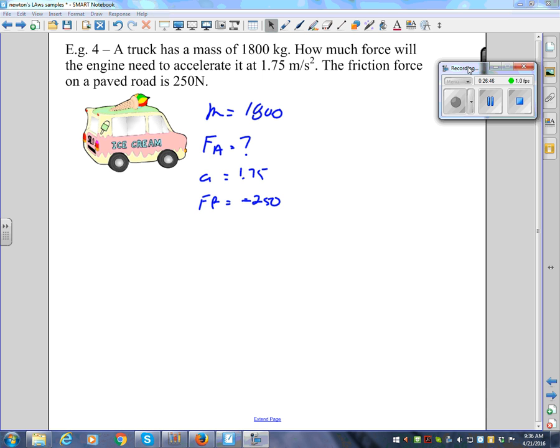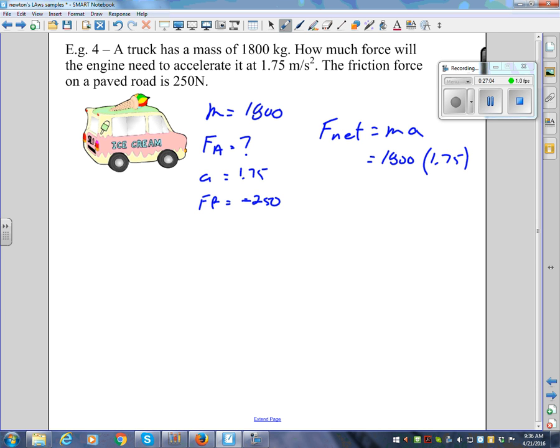Okay, so I know M and I know A. Well, with M and A, what can I find? I can find net force. Let's do that first. F net is equal to MA. Mass is 1800. The acceleration 1.75. I think it's 3150.